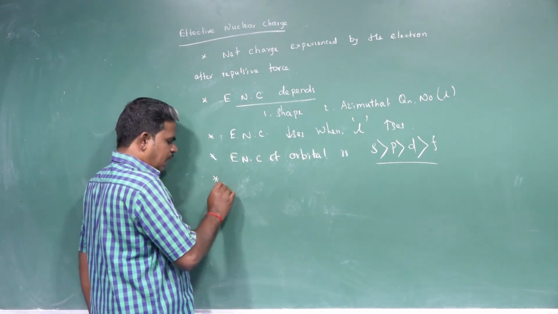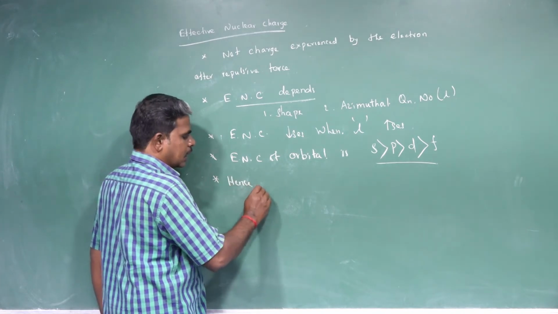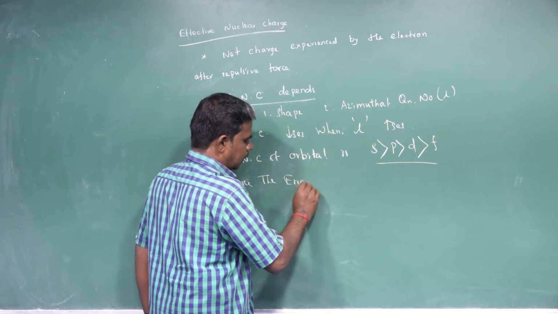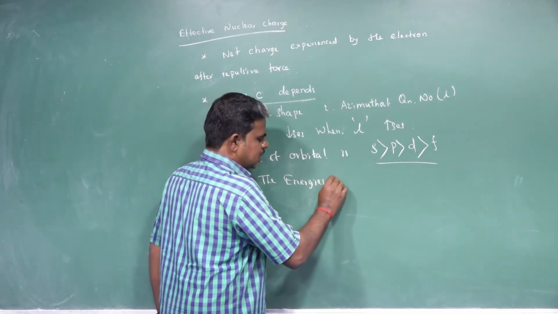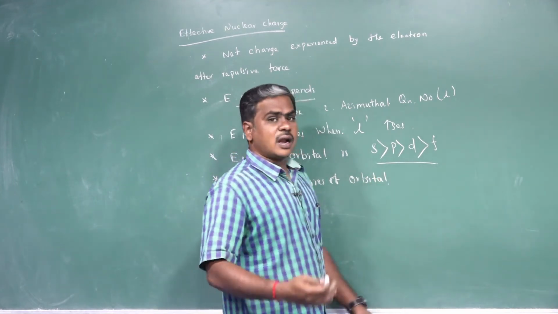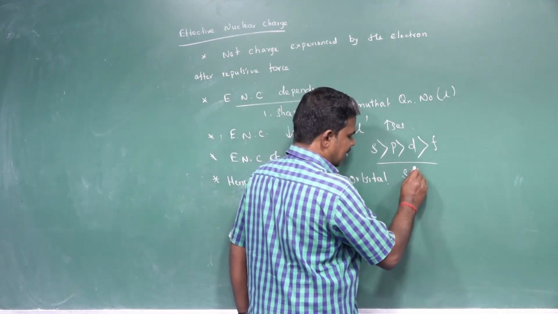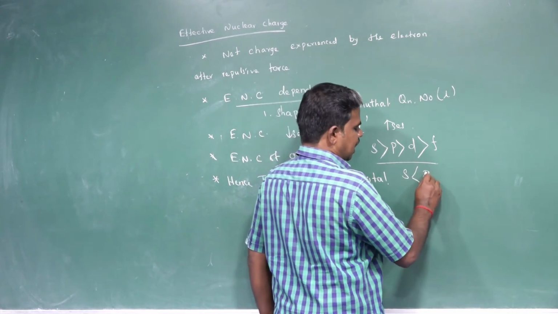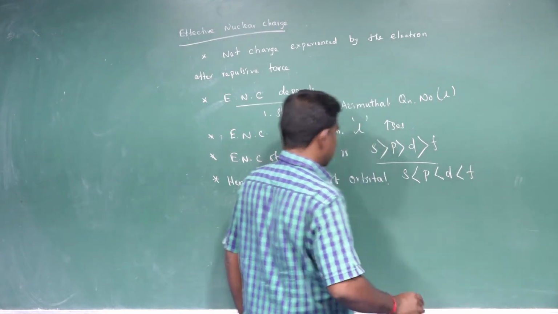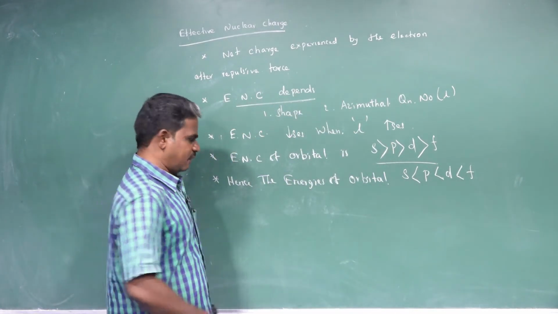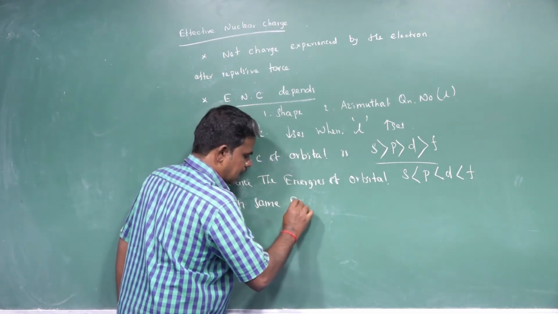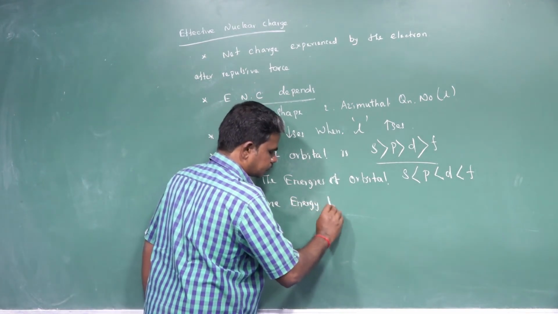Hence the energies of orbitals are in the reverse order: s has the lowest energy than that of p, d and f in the same energy level.